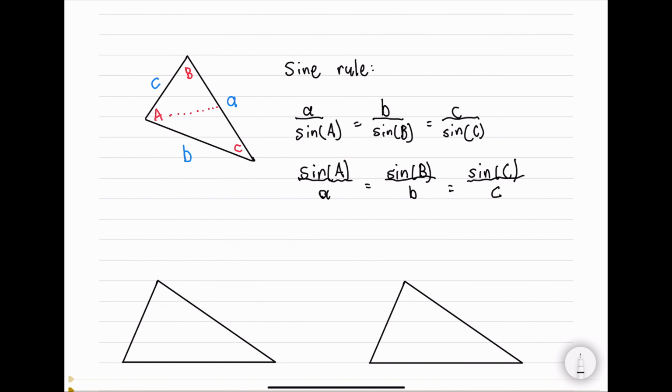You can write it like this as well. If you want to find an angle, then it's just easier to work with the algebra when the angle is on top of the fraction in the numerator.